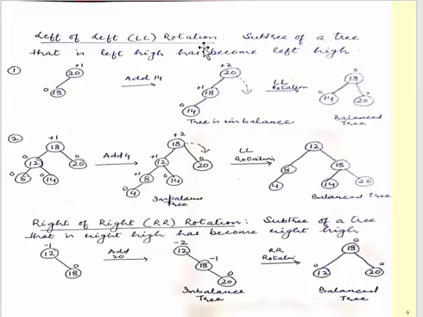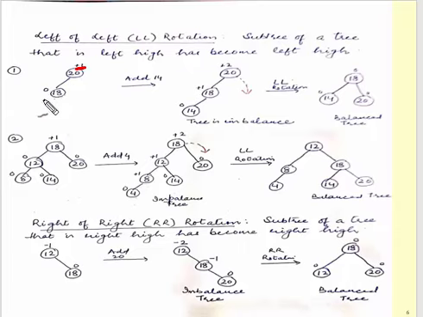This is left of left. Why is this left of left? It is saying that a subtree of a tree that is left high. That means this tree was already left high. Left high means the balancing factor was plus 1. But after adding a node, the subtree of that has also become left high.